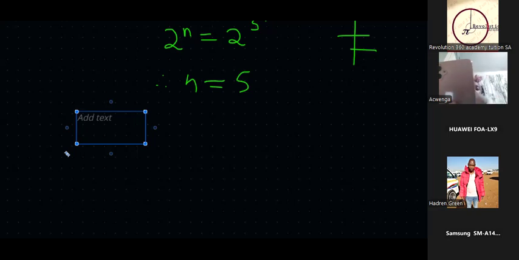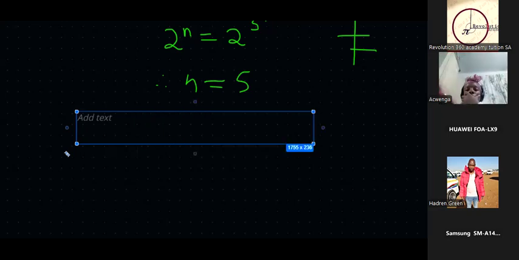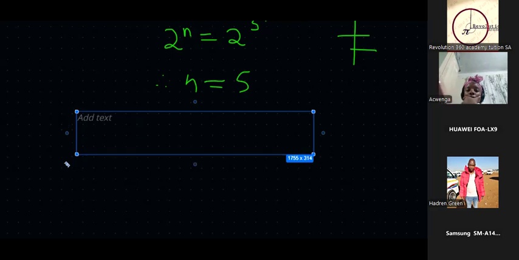And then they're saying the first 3 terms form an arithmetic progression, and the last 3 terms form a geometric progression.